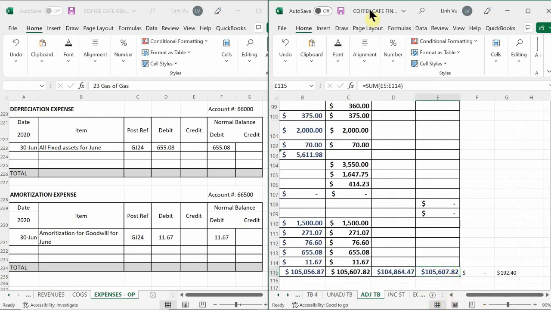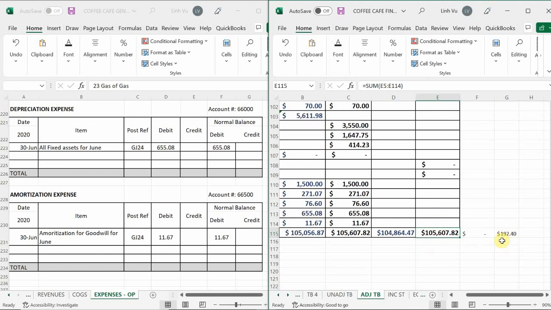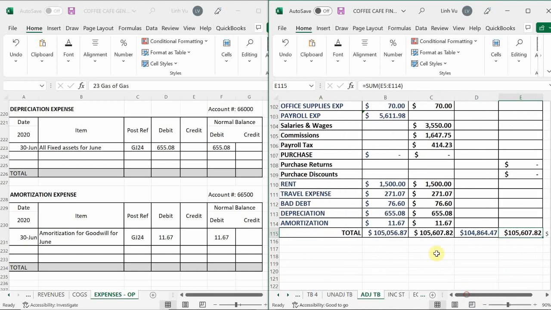If my debits and credits match, but my main accounts don't match, something went wrong. So we are short by $192.40 on the main side. We have less on the credit side than it is on my debit side. But my debits and my credits match.